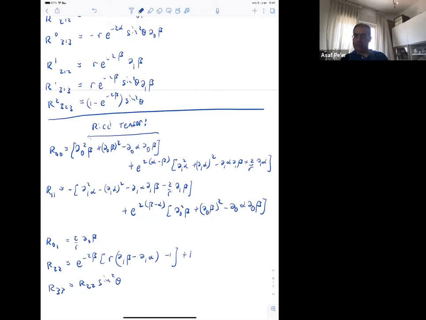Today, rather than doing it by hand, you can simply take this metric, put it in Mathematica or one of your favorite programs of this type, and it will tell you the result right away. Or you can be stupid like me and do it by hand.